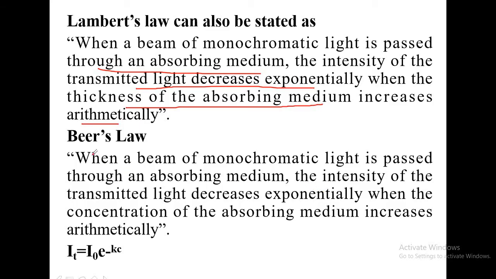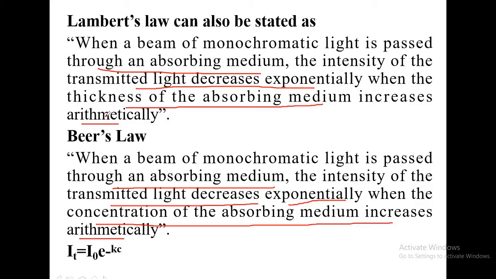There is one more law, used in colorimetry and best explained here, that is Beer's law. According to this law, when a beam of monochromatic light is passed through an absorbing medium, the intensity of the transmitted light decreases exponentially when the concentration of the absorbing medium increases arithmetically. So IT is equal to I naught into e power minus kc.